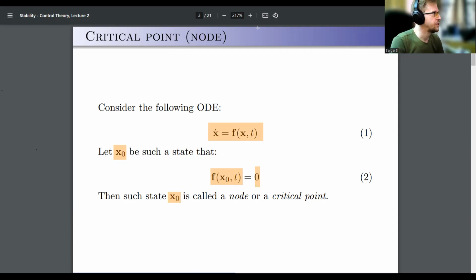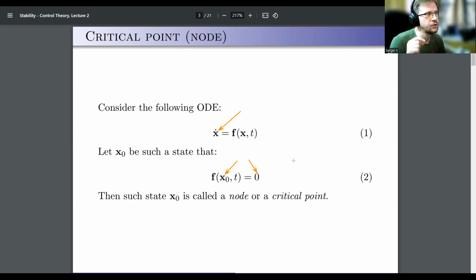So what does it mean in plain language? It means that at the point x0, the derivative of the system x dot is equal to 0. Or the same in different words: if we are already at x0, we're not going to leave x0 because dx/dt is equal to 0 at this point.